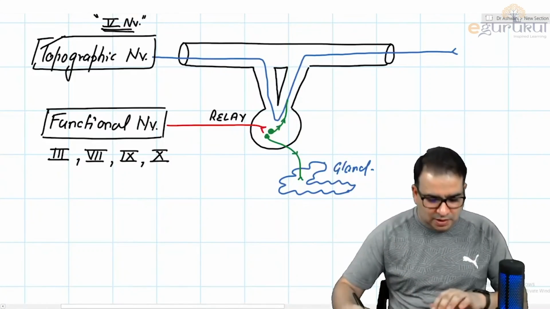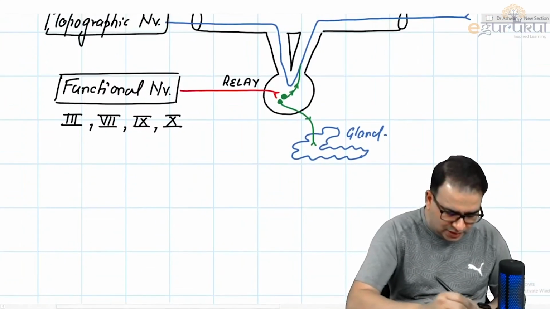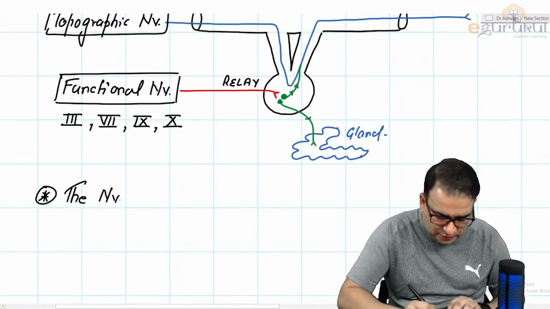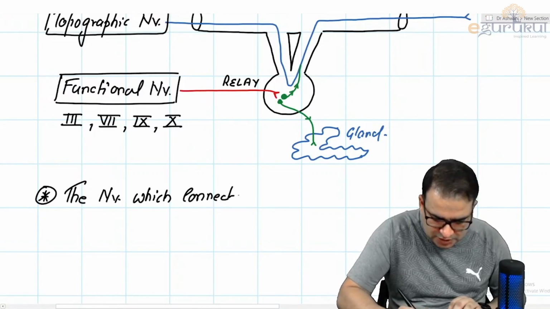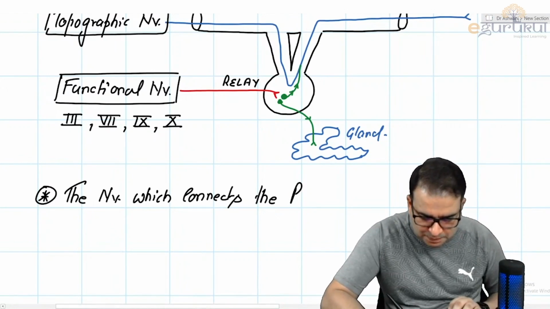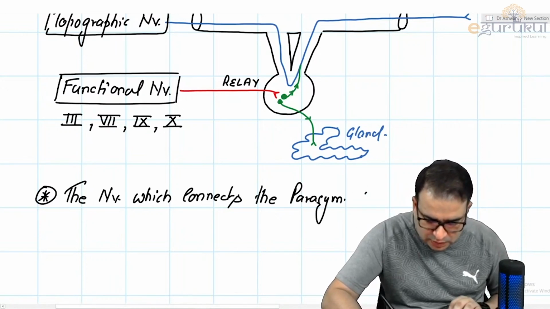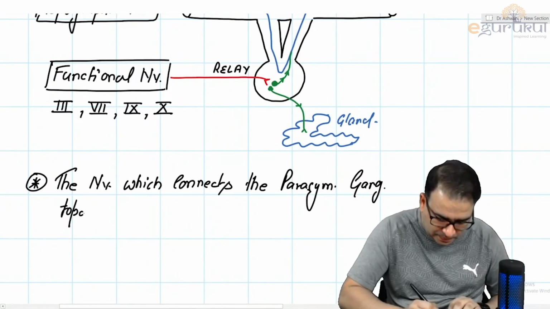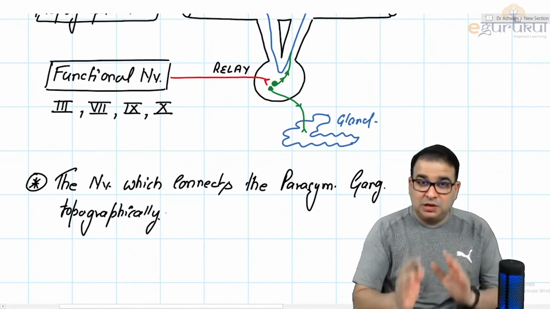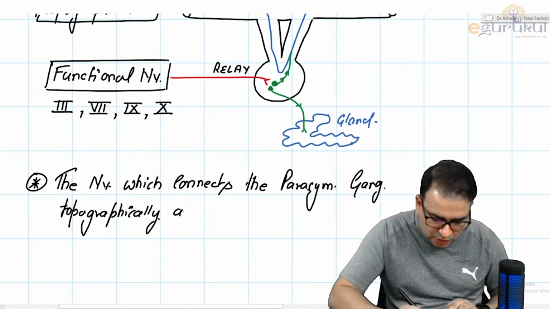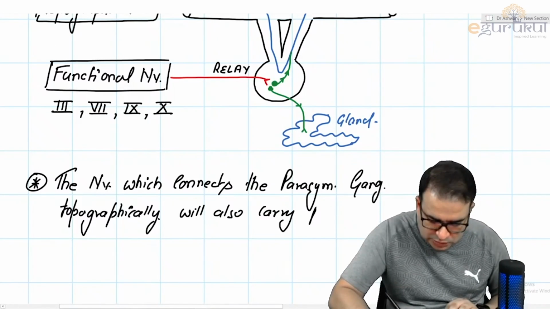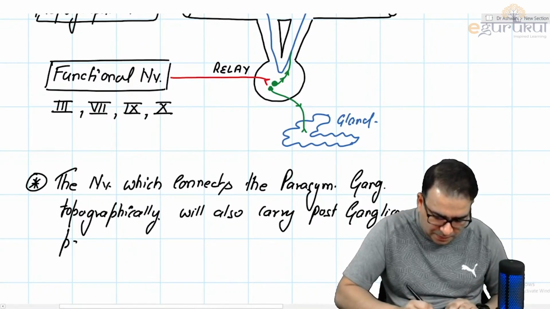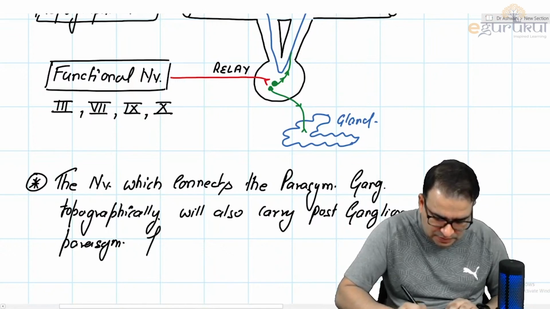चलो जो सेम चीज जो हमने अभी ड्रॉ करी यहाँ पे, I wanted to write the two important points here. First important point we said is, ताकि आपको याद रहे, the nerve which connects the parasympathetic ganglion topographically will also carry post ganglionic, कौन से फाइबर बेटा, post ganglionic parasympathetic fibers.